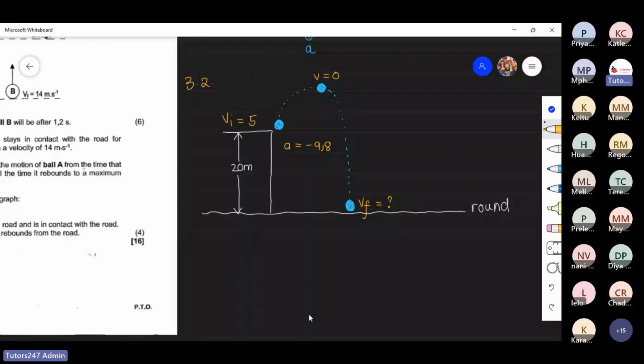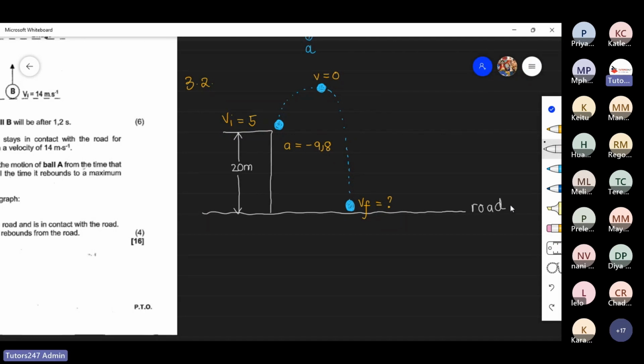In addition to that, we also know the displacement of our object. So let's have a look. Our object started at a height of 20 meters above the road. One more thing, I've spelled road wrong for some reason. Let us just quickly fix that up.